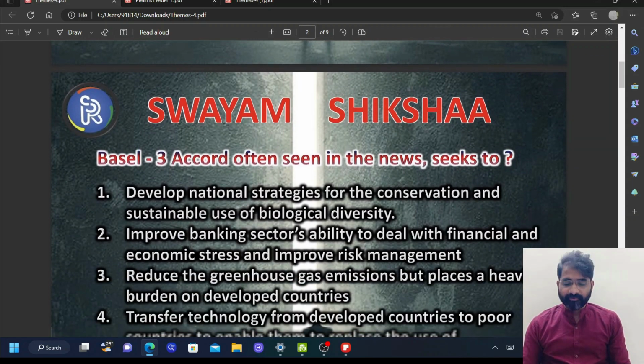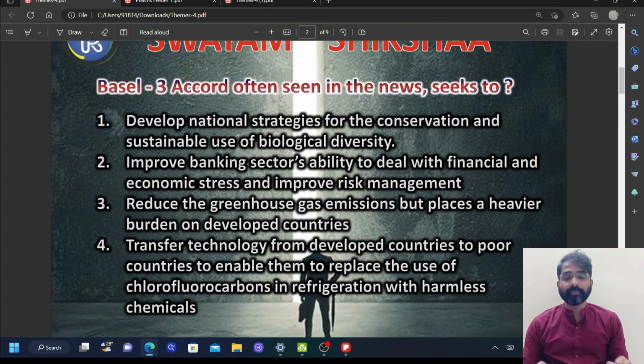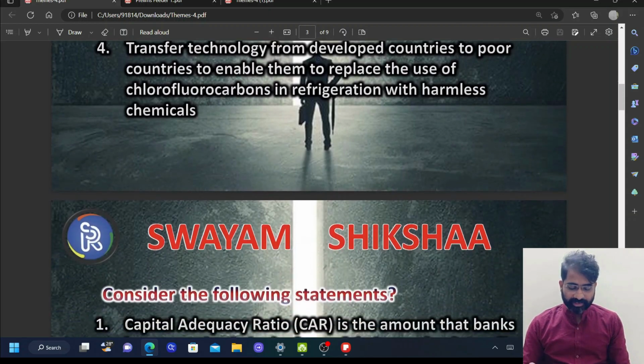Now, moving forward, this was something related to the BASEL. When we talk about BASEL norms or regulations, there was one question on BASEL regulation or BASEL 3. They did not ask any deep questions on BASEL. It was a very simple question. But we'll go a little deeper into understanding some terms and terminologies which can be asked in the exam. So, BASEL 3 accord, often seen in news, was one question.